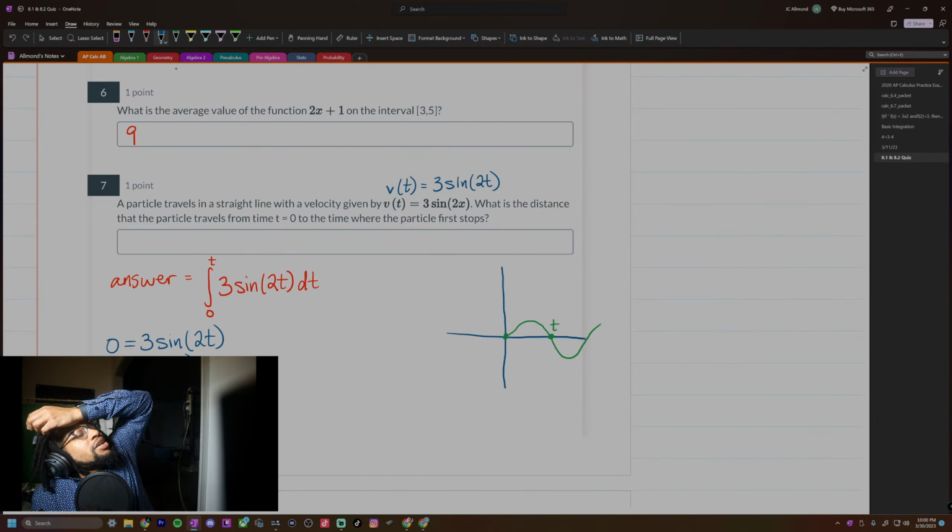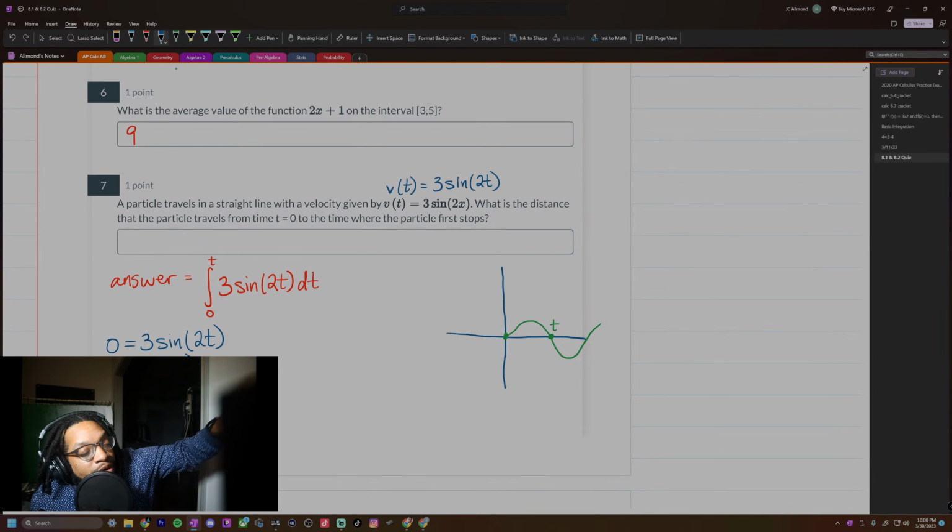Well, I know sine of 0 will give me 0, but we already have that our lower limit has t equals 0. So that's actually your starting time. We're trying to find the time where the particle first stops. So when else does sine of something equal 0? Sine of pi equals 0.